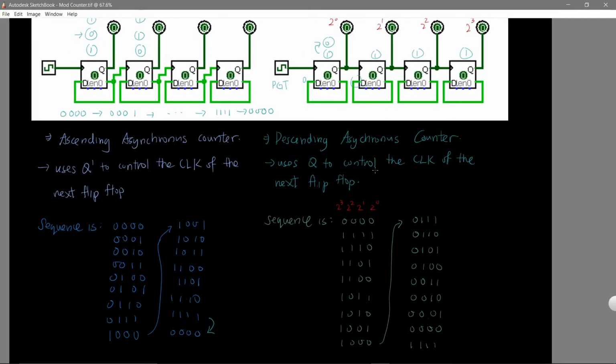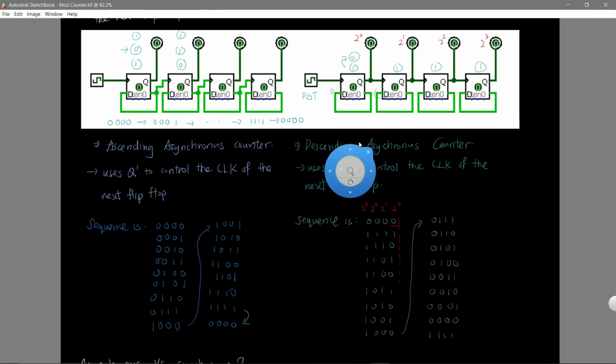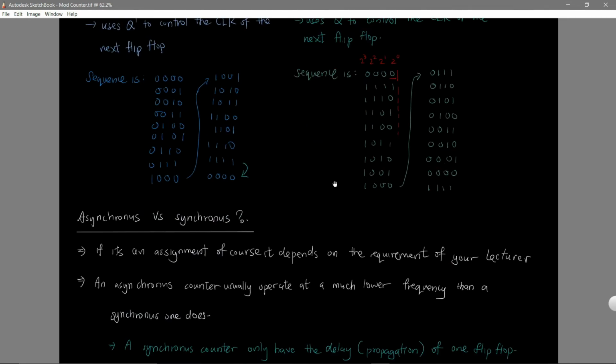So 2 to the power 0 is actually here, this place. You can see that it's counting descending, and this is how, in an asynchronous counter, you adjust it to be counting ascending or descending.